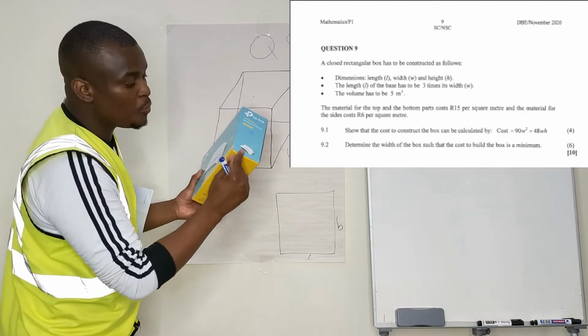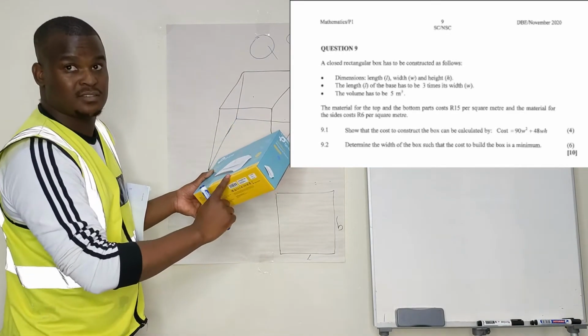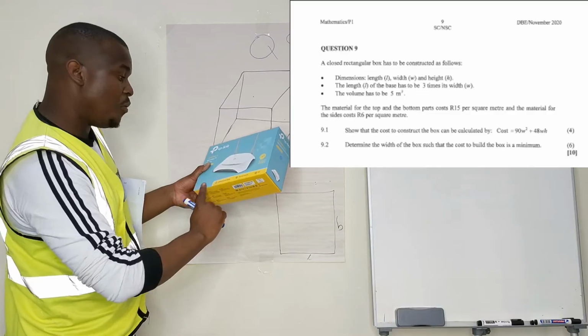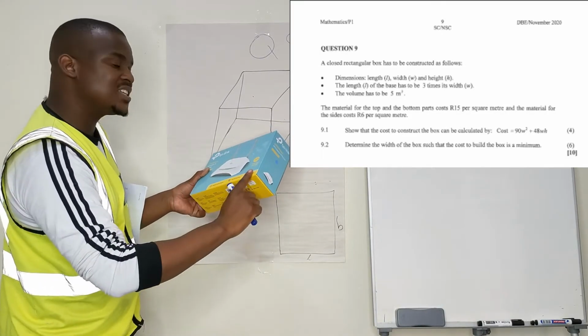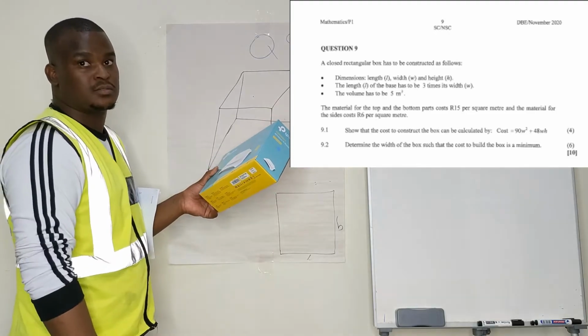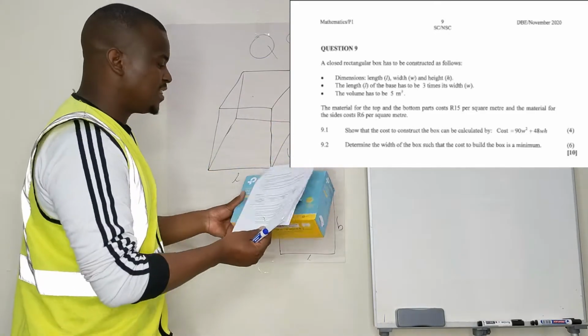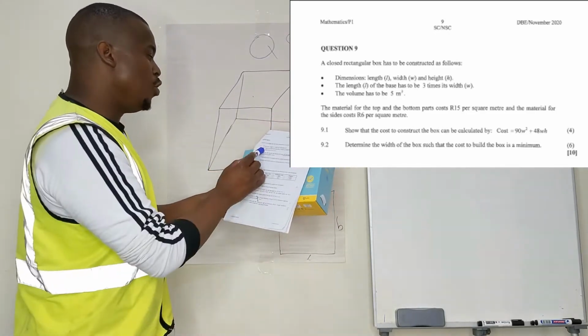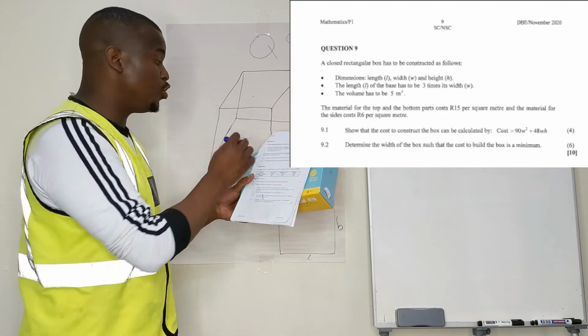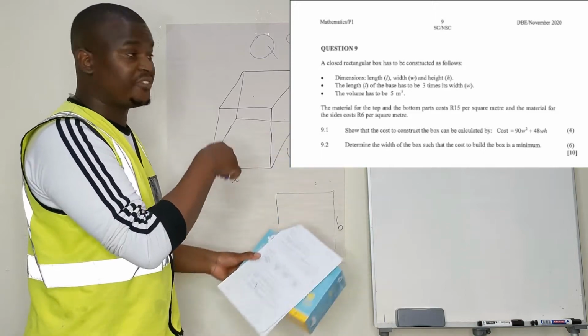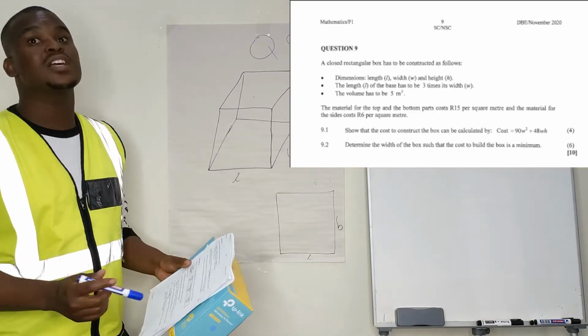If we're saying this is 2 meters, this has to be 6, because our length has to be 3 times the width of this box. And then the volume has to be 5 cubic meters. That's what you're told.